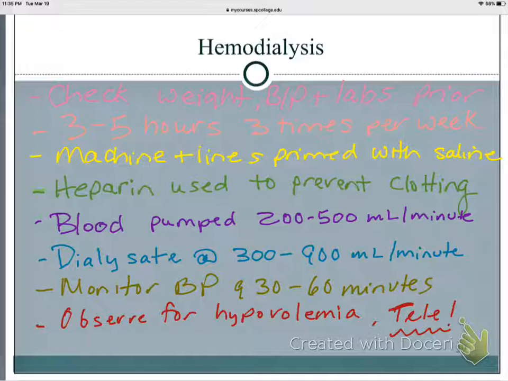The blood, this is nice to know, I wouldn't commit this to memorization or anything, but it's pumped about 200 to 500 mLs per minute. And the dialysate is also pumped about 300 to 900 mLs per minute. But that's why our nurses are checking the vital signs every 15 minutes during dialysis. Okay. Again, watch for hypovolemia, and we want them on telemetry.